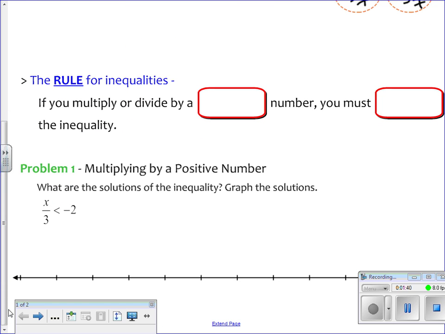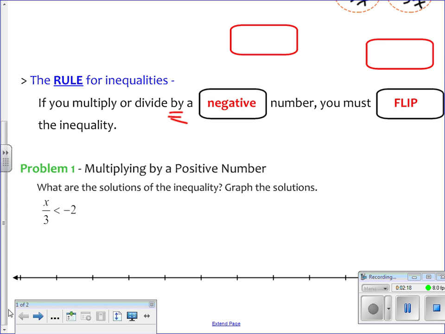The most important rule to remember when you're solving inequalities: they're just like solving equations with one important rule. If you multiply or divide both sides of the equation by a negative number, so if I multiply both sides by negative 3, or like the last example, if I divide both sides by negative 5, you must flip the inequality around.